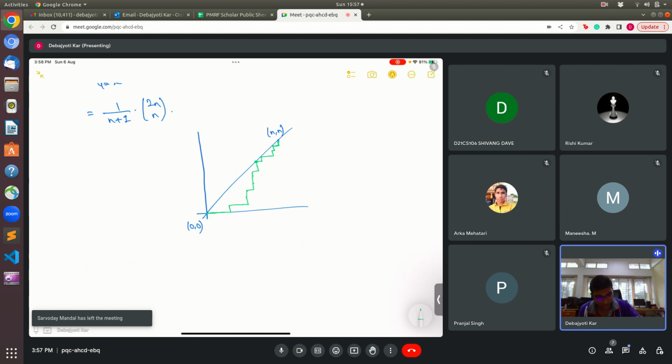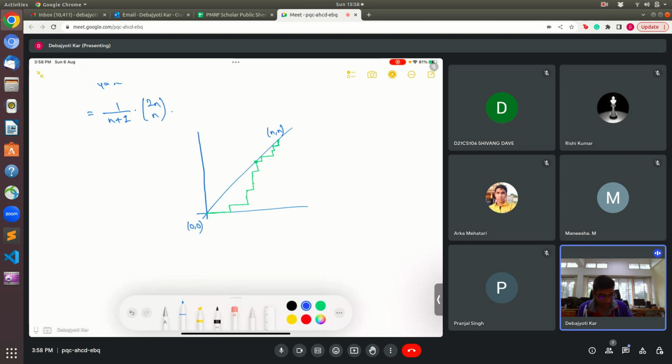Consider the first time when you hit the line y equal to x. It may be that the first time you hit it is exactly at n, n, that is, before n, n you did not hit the line y equal to x. That is possible. But consider the first time when you hit it. Let's say this particular point is k, k.